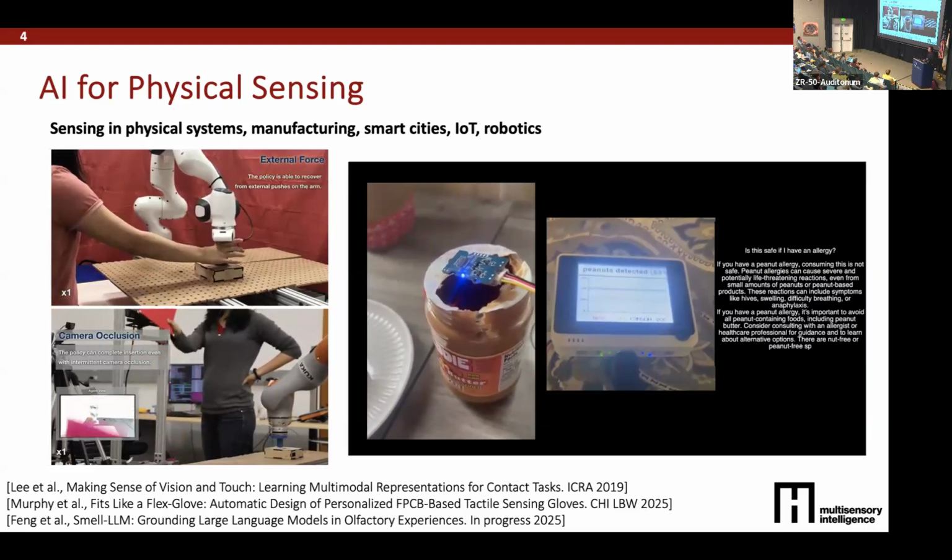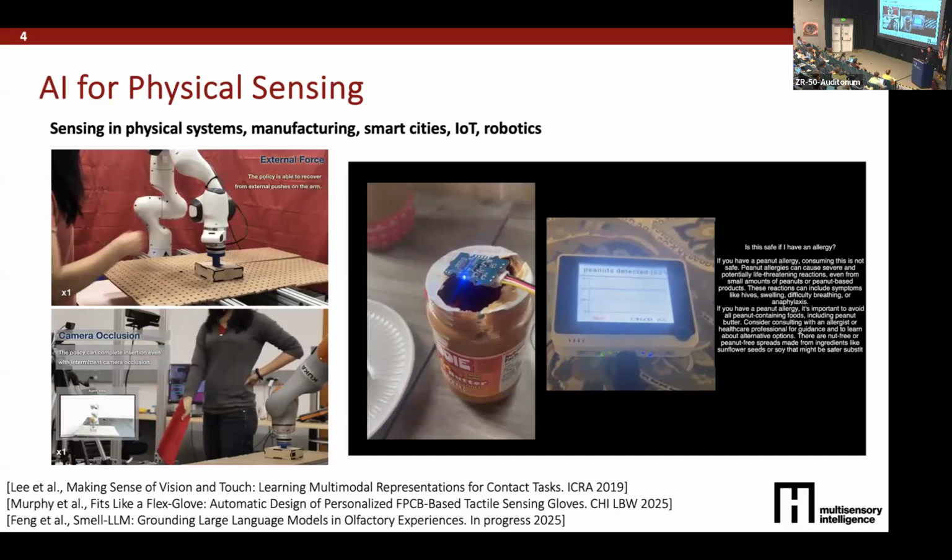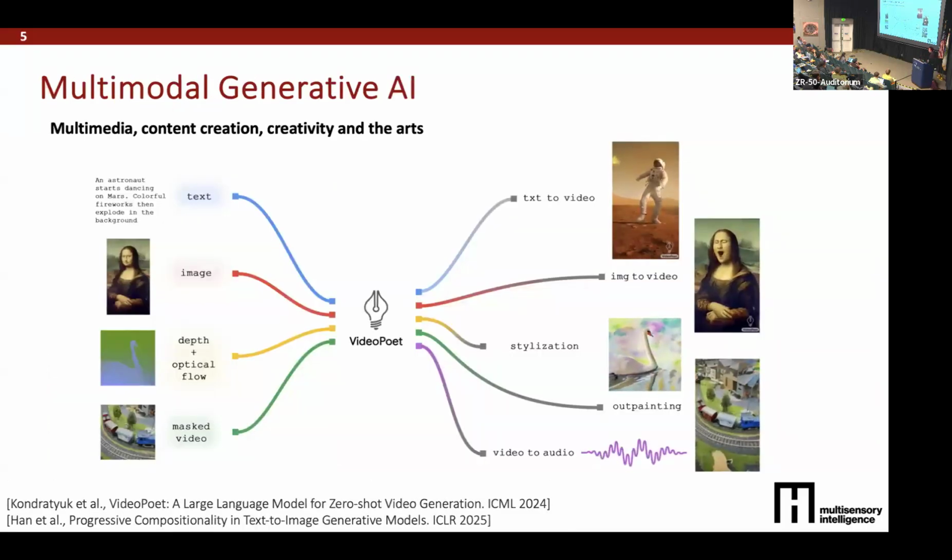So lots and lots of multimodal data in the physical world. In generative AI, of course, we've gone beyond language systems to any modality systems. Systems that can take in text and generate a video of it, that can take in a still image and generate the next couple of frames to make it a video.